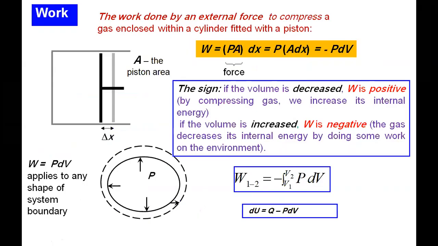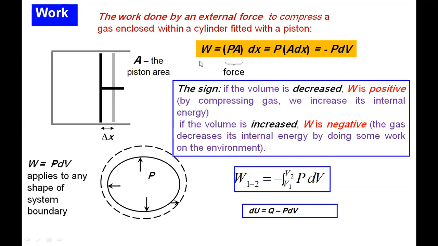Okay. Then the work done by an external force to compress gas enclosed within a cylinder fitted with a piston. This is the cylinder, this is the piston, here is the area of the piston, and this is delta x.